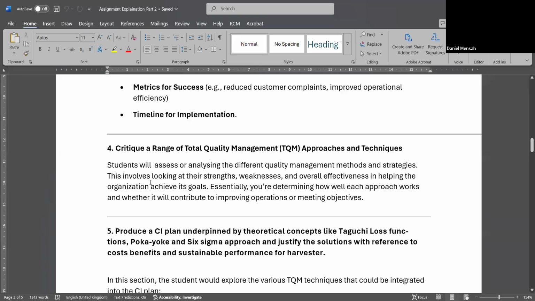This approach is being used by Harvester and it is not performing well, it is not helping to contribute. They need to stop using this one, and instead they should use the other technique because it is helping to bring continuous improvement, or it will improve the operations or bring efficiency. So this way you can do the analysis or critique.